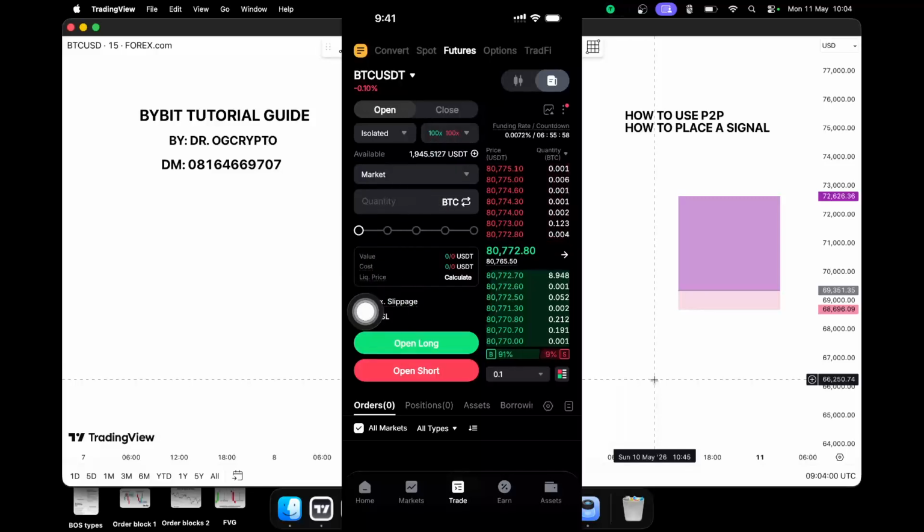So let's say you want to enter a trade with $200 now. You now use 20x leverage. It means instead of your $200 behaving like $200 in the market, you'll be behaving like 200 times 20. That's $4,000. It will be behaving as if you are using $4,000 to enter that particular market. So that is that.